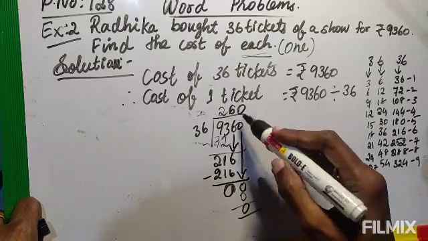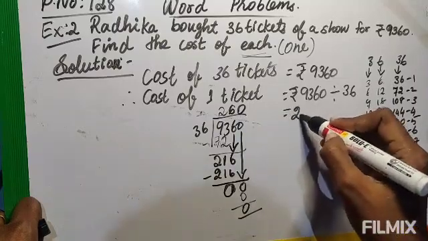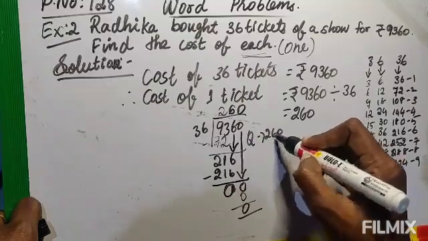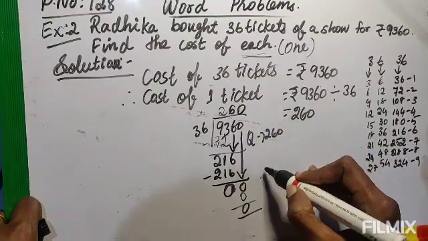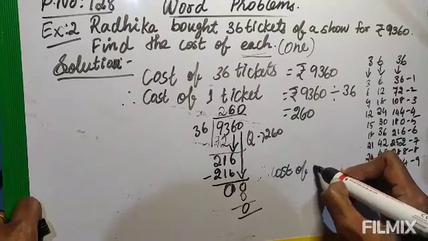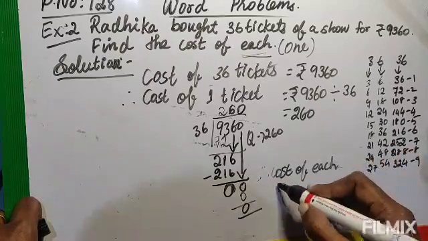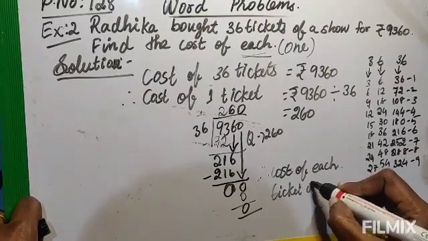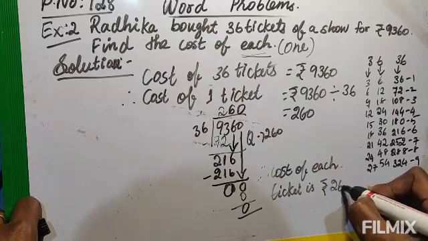So here you have to write 0. So the answer is 260. So you have to write, therefore the cost of each ticket is rupees 260.